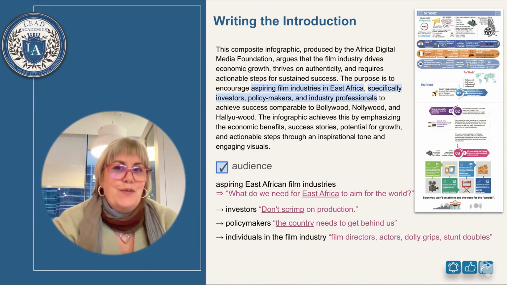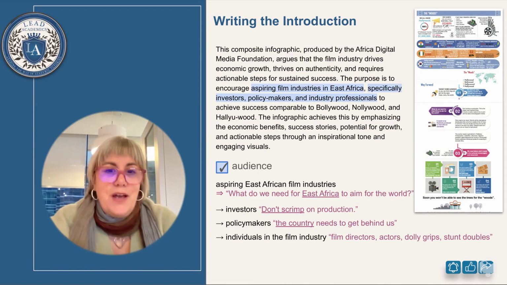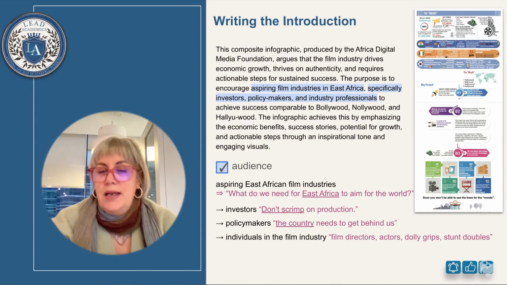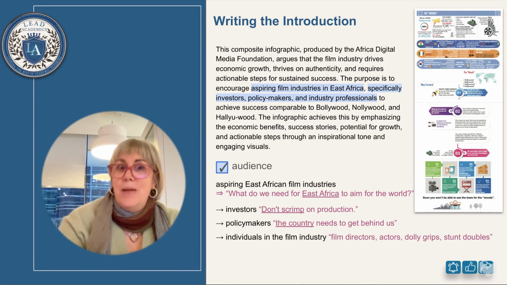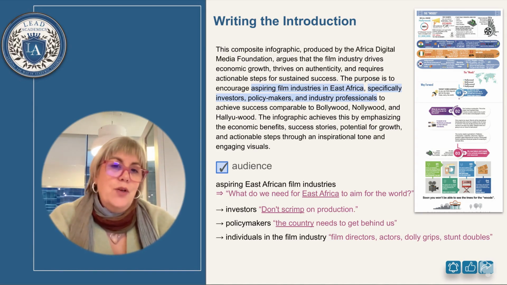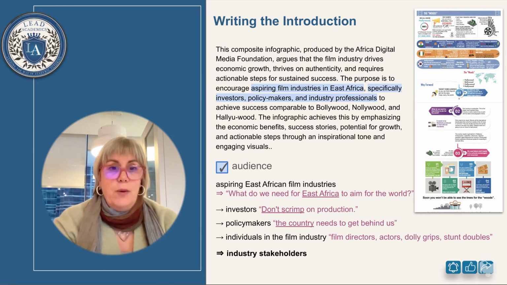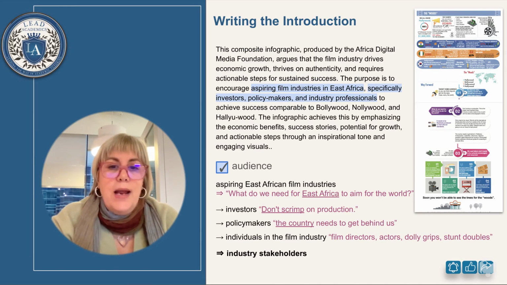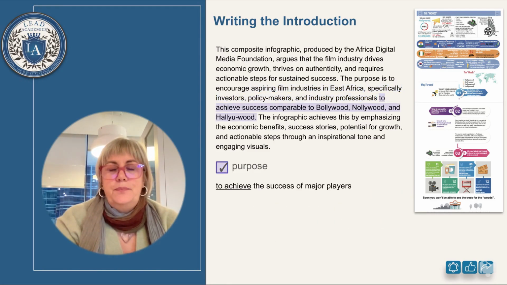We also notice from the content that they specify investors, policymakers, and individuals within the film industry. That's a lot to have to mention or repeat throughout your essay. So a good suggestion is to narrow it down to a word or a phrase. Here, industry stakeholders would be fine.